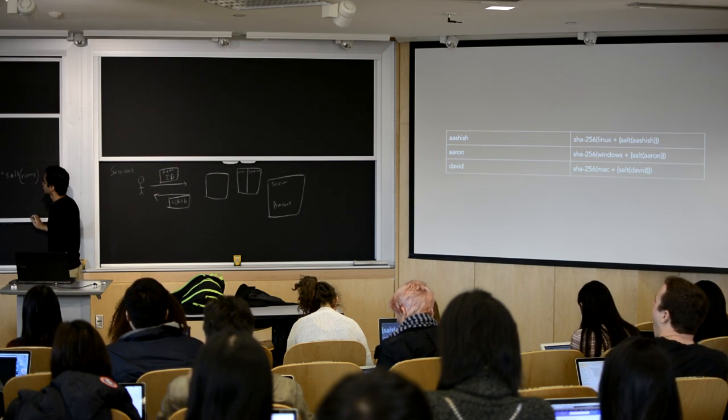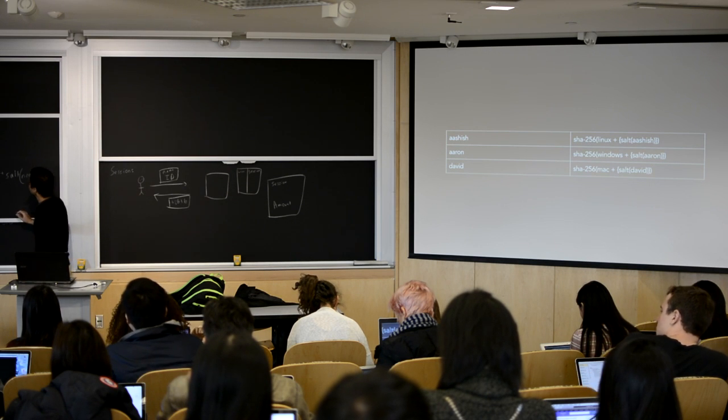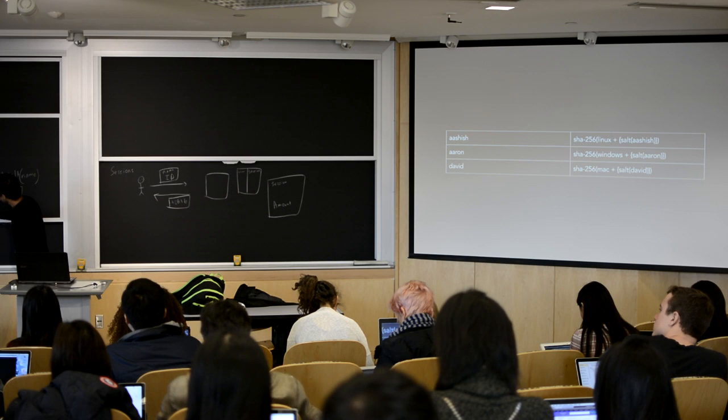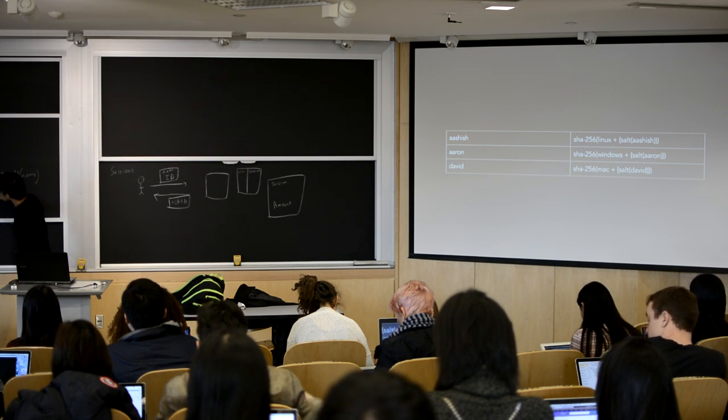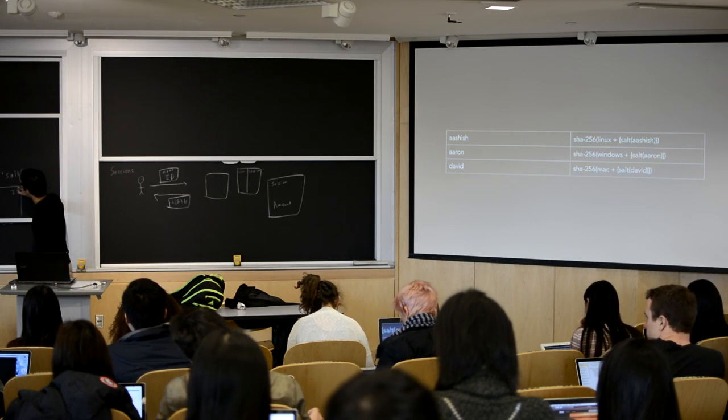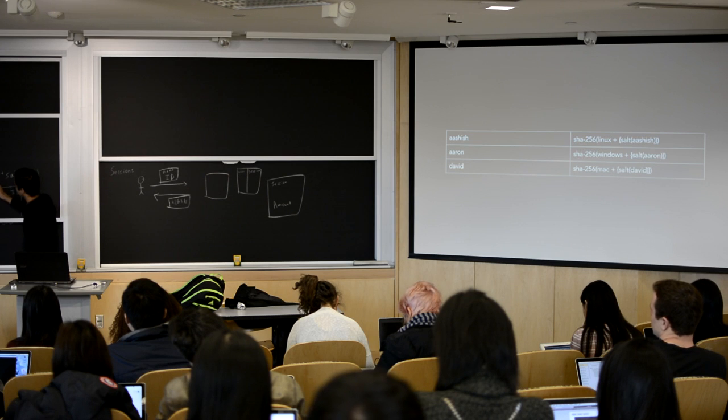So now instead of having a table of name to ID, to hashed ID, we're going to add a new column called salt.